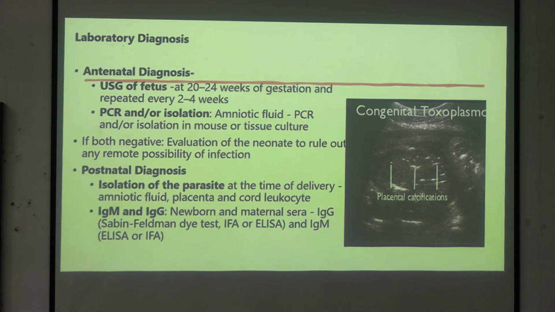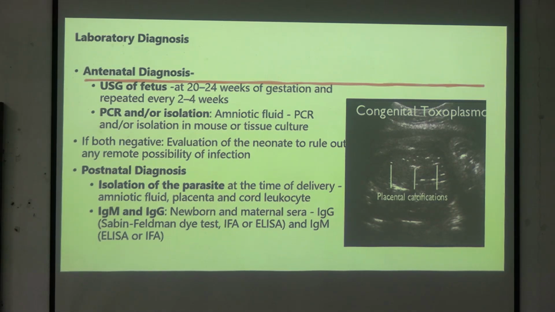Now, how is the lab diagnosis done? For any intrauterine diagnosis, the first thing that comes into your mind will be an ultrasound, a fetal ultrasound, USG of fetoplacental profile, FPP. Okay, that will be the first investigation of choice. Also you can do an amniotic fluid PCR, amniocentesis. You go in, take out the fluid, and then you can do a toxoplasma PCR.